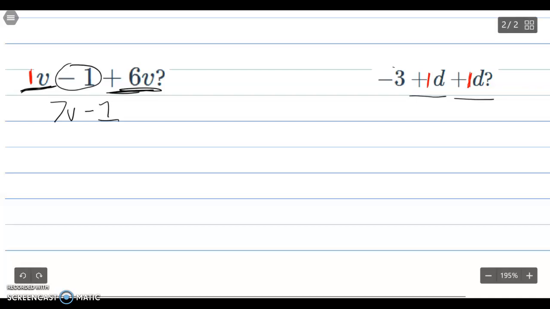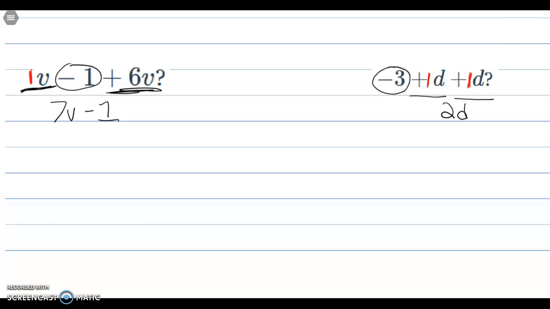And I'm going to circle the constant, which is negative 3. Now I'm going to combine the two D's, and I get 2D, and bring down this negative 3. Now, since these are both positive, this stays positive.